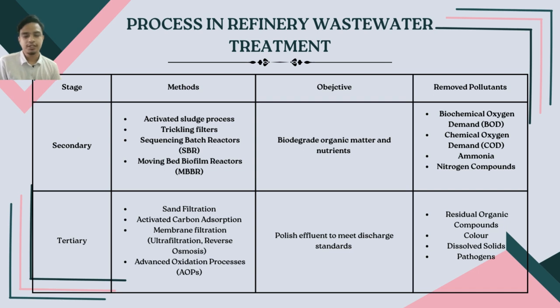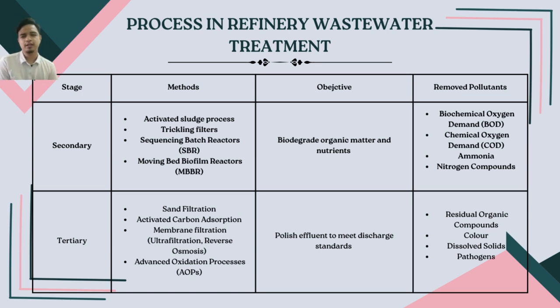So the next stage is the secondary stage. The methods used: the first one is the activated sludge process. Next, trickling filters. Next, sequencing batch reactors, SBR. And the last one is the moving bed biofilm reactors, MBBR.